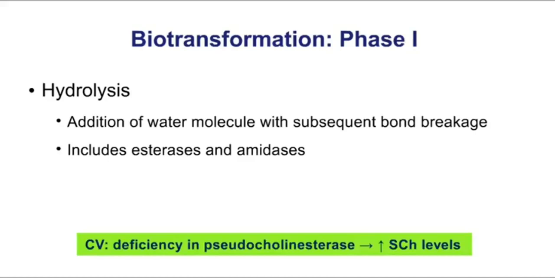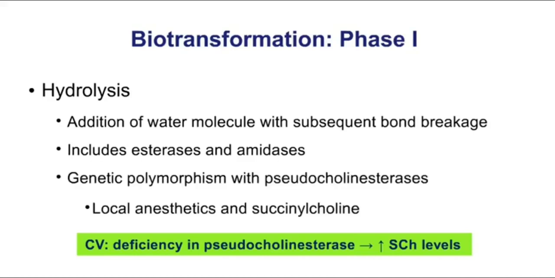In fact, my clinical vignette reminds us that if you have a deficiency in pseudocholinesterase, then you're not going to be able to effectively break down succinylcholine, so you get higher levels of this drug. We'll talk about that in more detail in section 4, but this is a type of genetic polymorphism that can result in higher levels of succinylcholine.